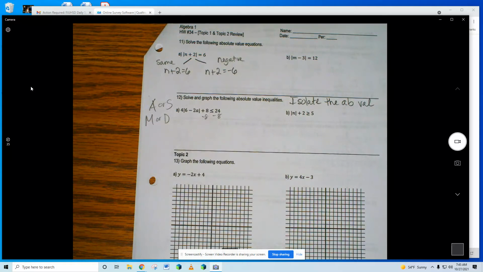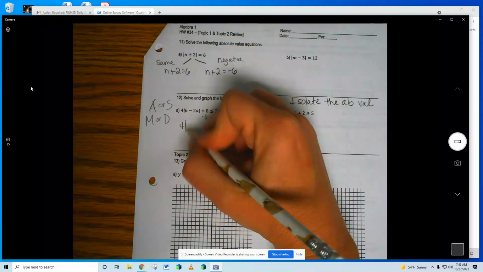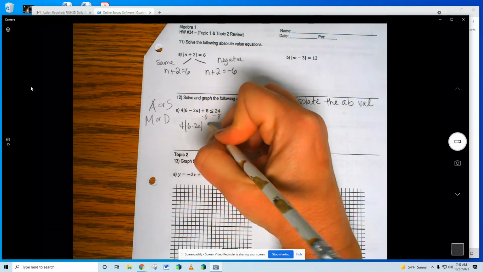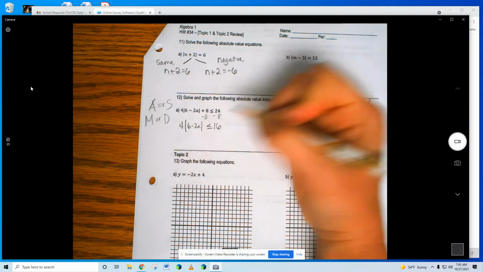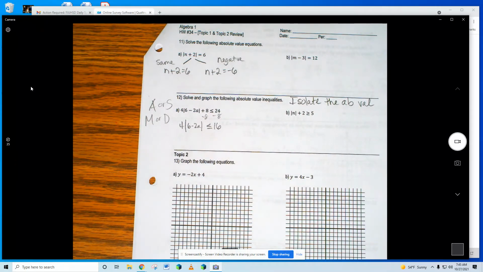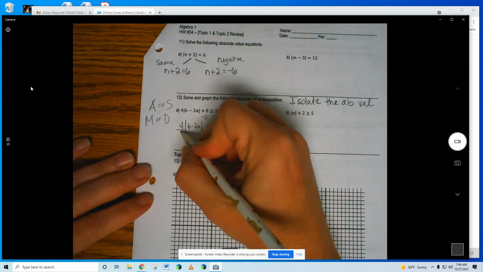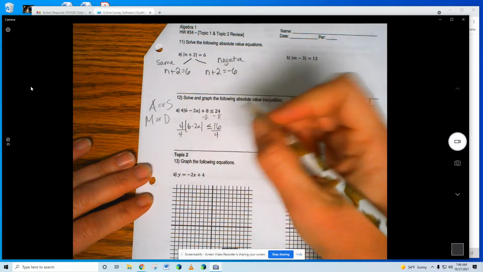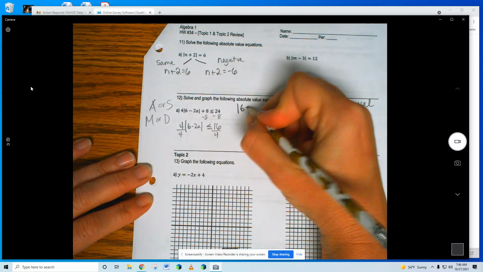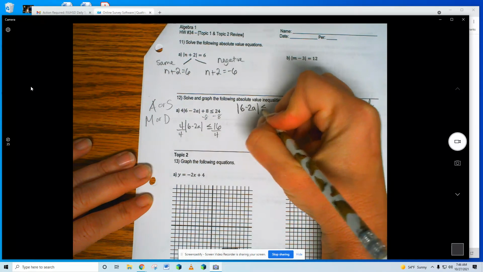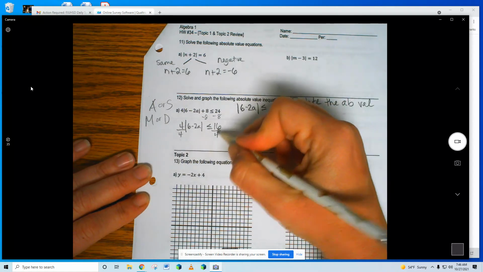This is not a parentheses. So I added or subtracted first, and then I divided by 4. So now I'm going to divide by 4. 6 minus 2a is less than or equal to 16 divided by 4, which is 4.